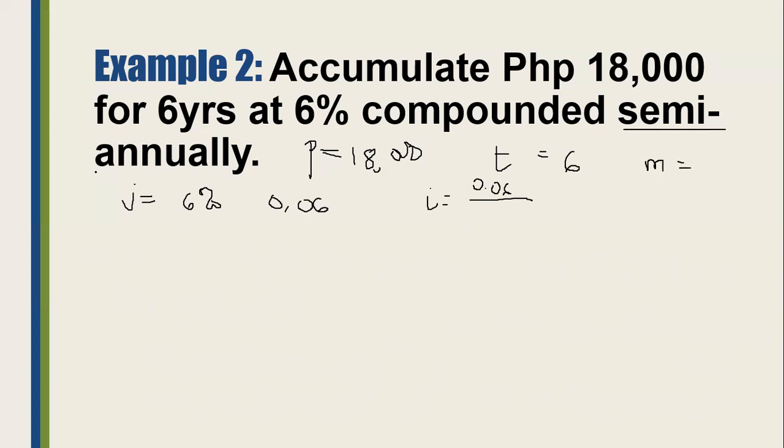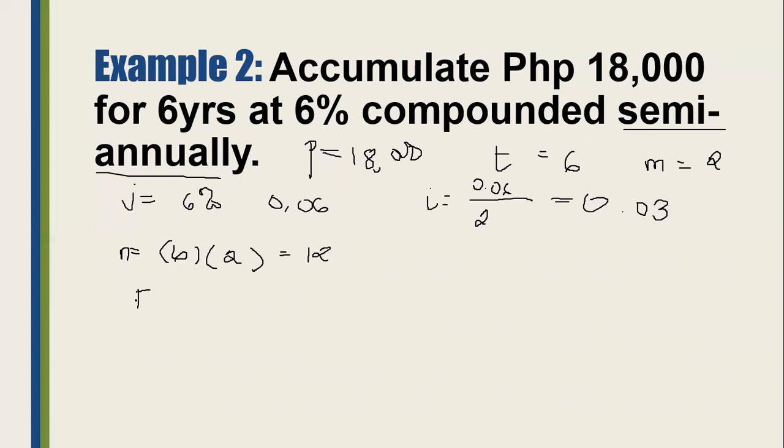Semi-annually, meaning po our conversion period is 2. So 0.06 divided by 2 is 0.03. And next, our N, T multiplied to M, which is 2, equals 12.